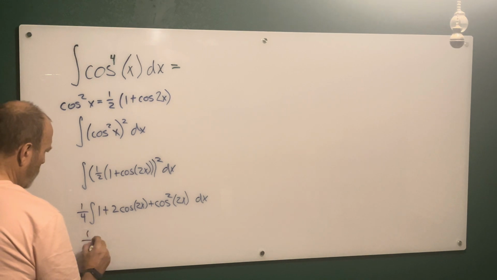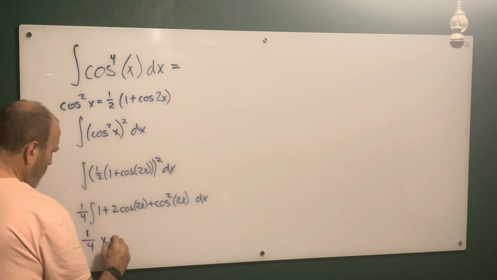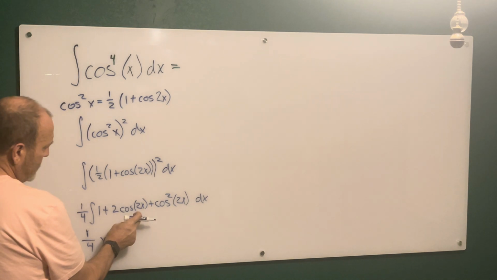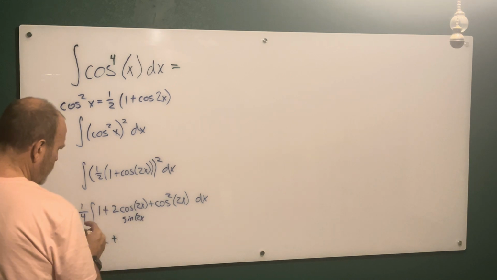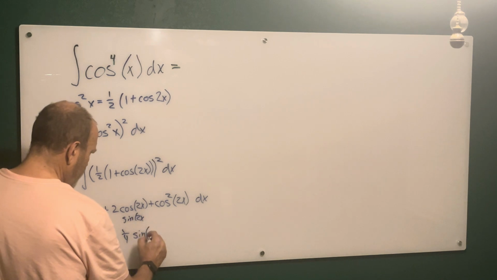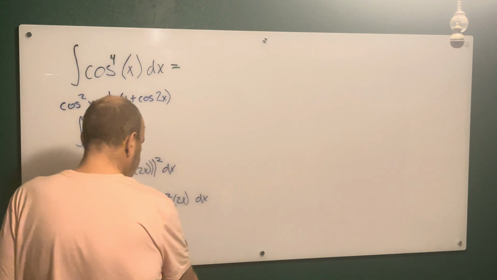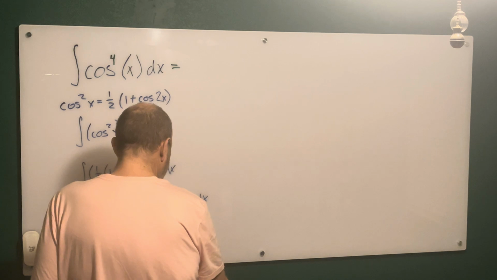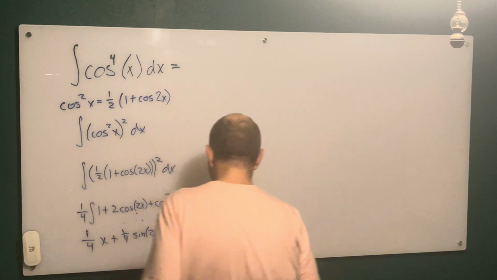So we get 1/4, 1 integrates to x, plus this 2 cosine 2x integrates into sine of 2x. So it's 1/4 sine of 2x, plus 1/4 of the integral of cosine squared 2x dx.